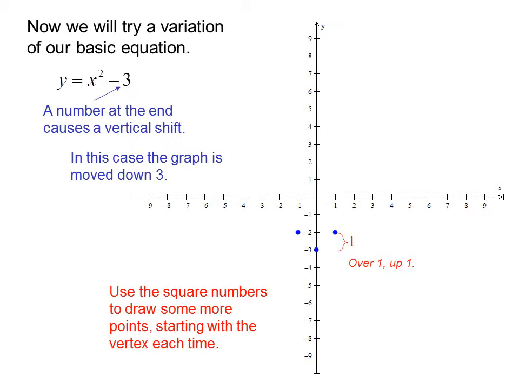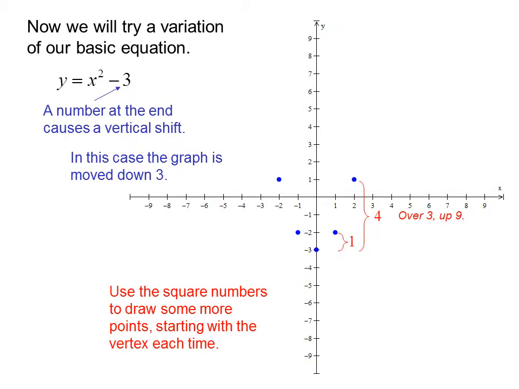Now, starting back at the vertex, we go over 2, up 4, which puts a dot at 2, 1. There will also be a dot straight across at -2, 1. To find our next dot, we start back at the vertex and go over 3, up 9.